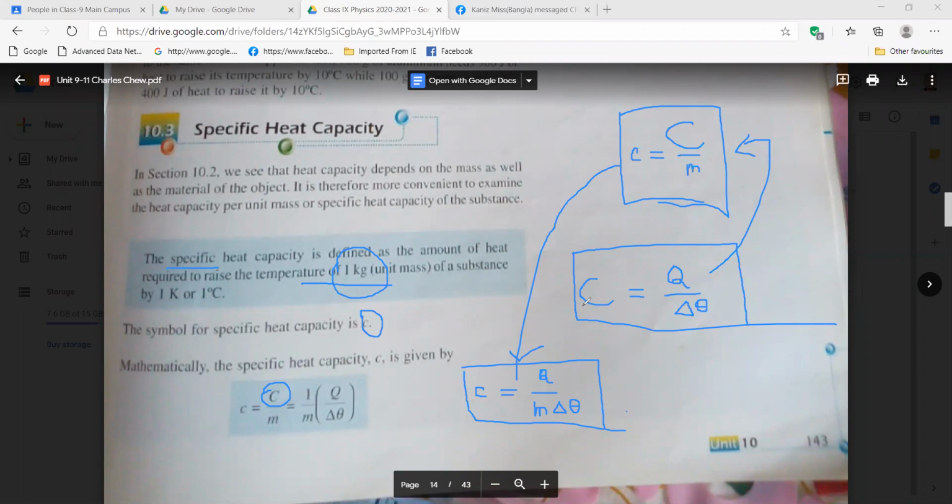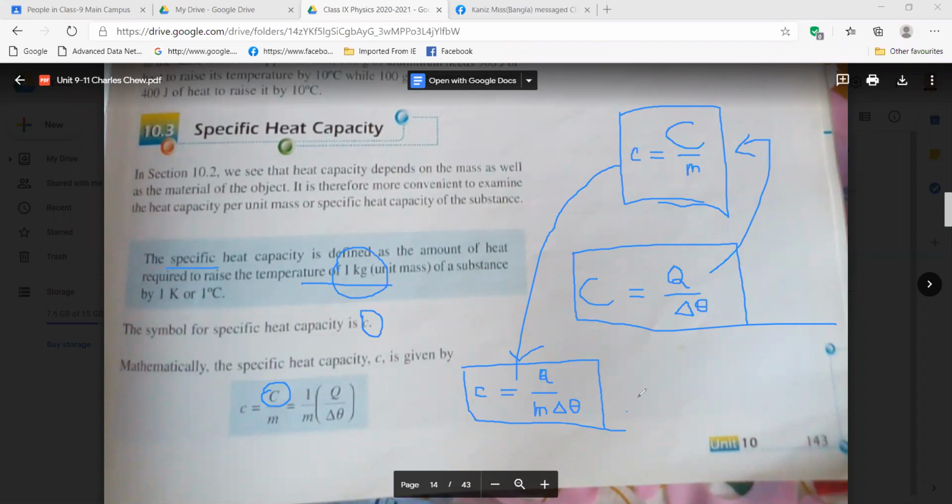Do you understand what I am saying? And if you are asked to find the heat required to raise the temperature of 1 kg of water by 1 degree Celsius, that is giving you specific heat capacity.